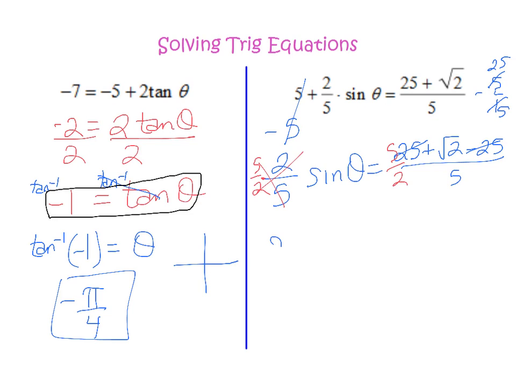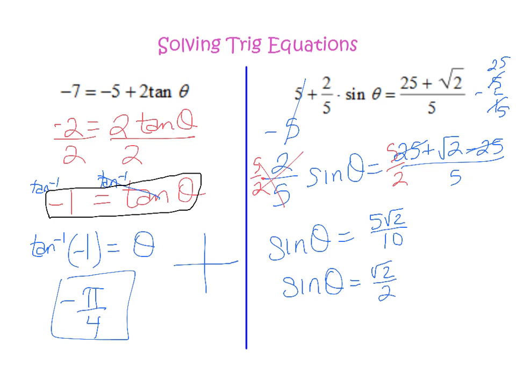I'm left with sine theta equals, remembering that the 25s dropped out, all I really have is this root 2 times this 5 and 2 times 5. And then the 5 and 10 can reduce, so sine theta is equal to root 2 over 2.